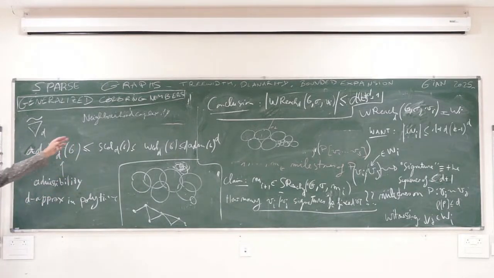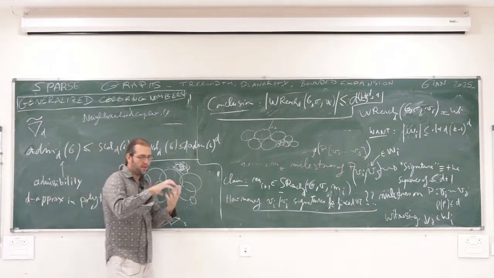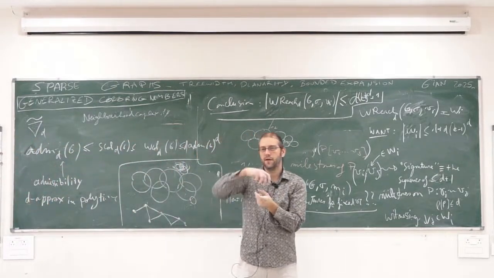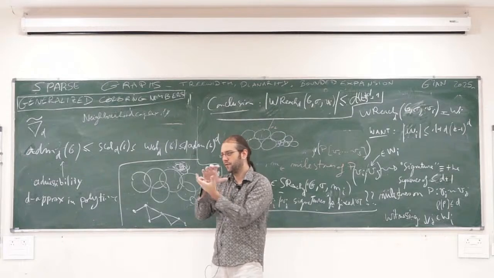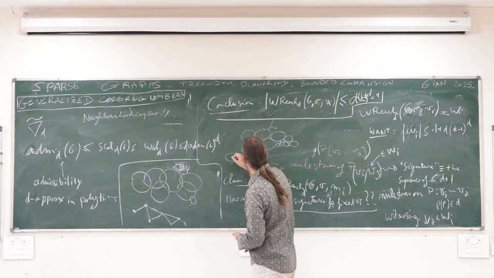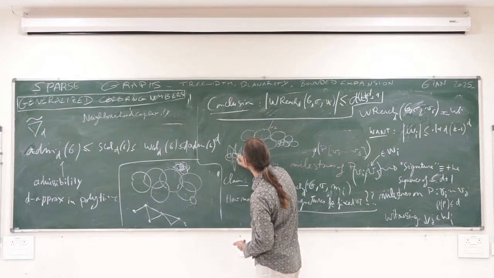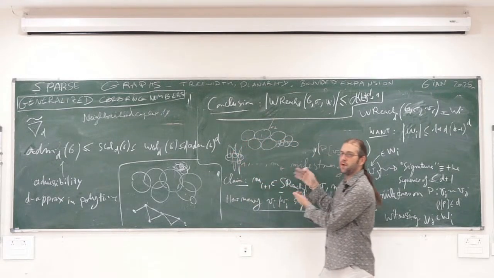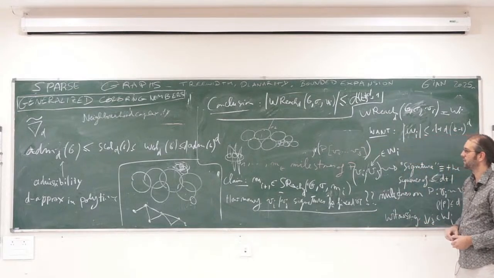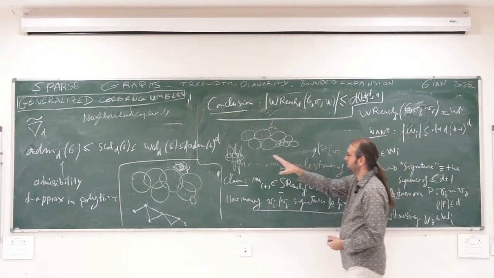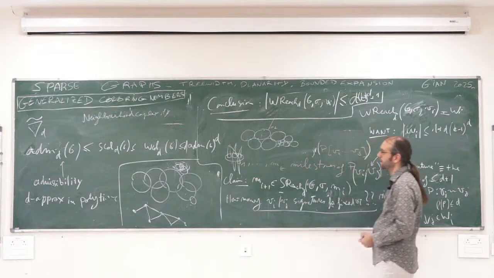So this is essentially the way your neighborhoods in your graph can intersect. When you have a set X, how many subsets of X can be the neighborhood of a vertex? We will see that this is bounded for graphs of bounded expansion. This will be proved using these coloring numbers.